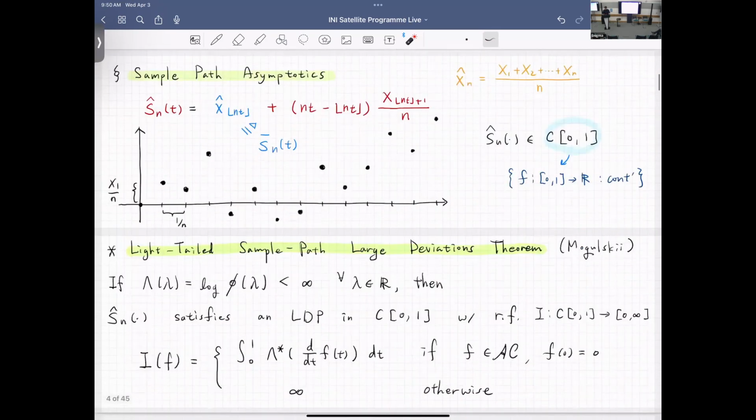Now, why this large deviations principle is so useful becomes much more obvious when we start to look at the sample path. So let's again call the sample mean x hat n, and we consider a scaled version of it and embed it in the continuous space. It looks like this.